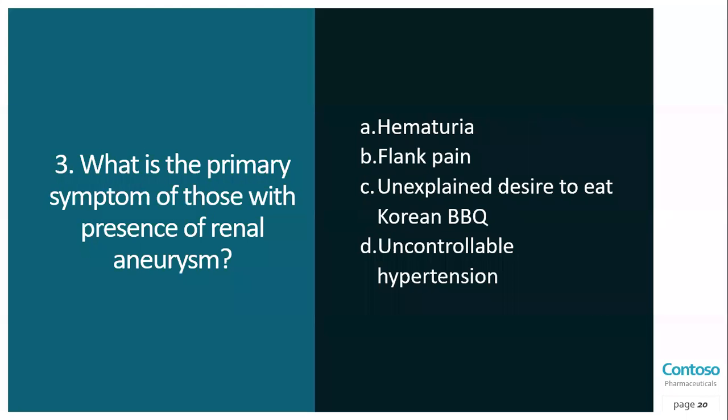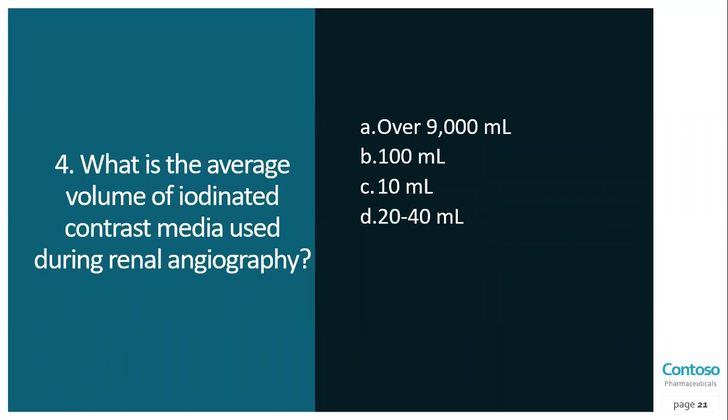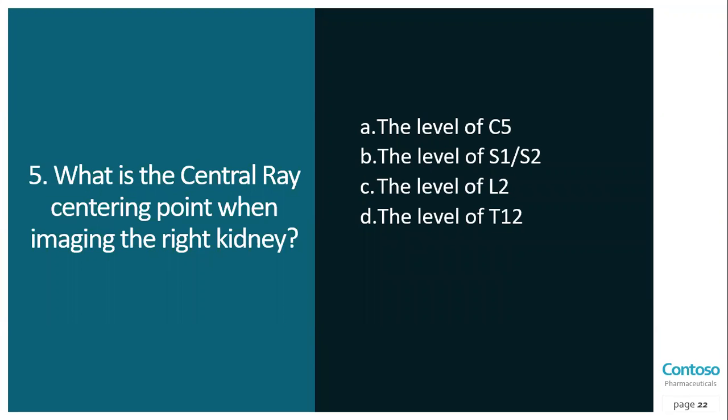Moving on, what is the primary symptom of those with presence of renal aneurysm? Moving on, what is the average volume of iodinated contrast media used during renal angiography? And lastly, what is the central ray centering point when imaging the right kidney?